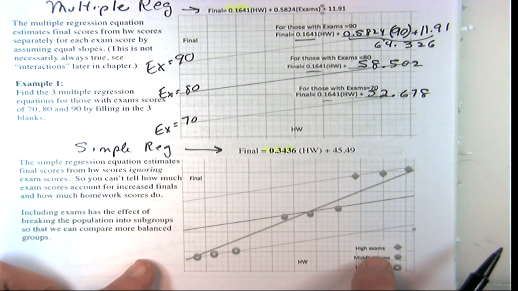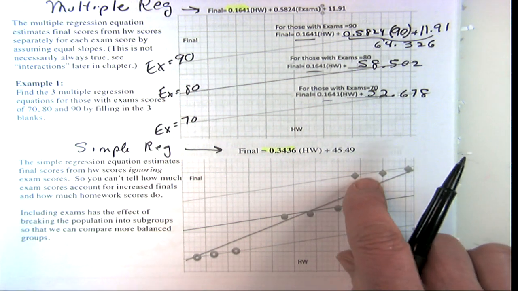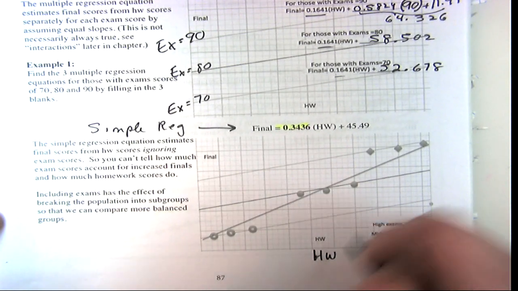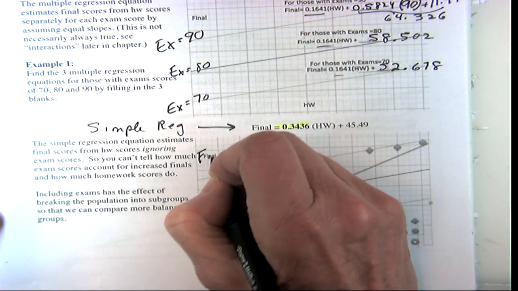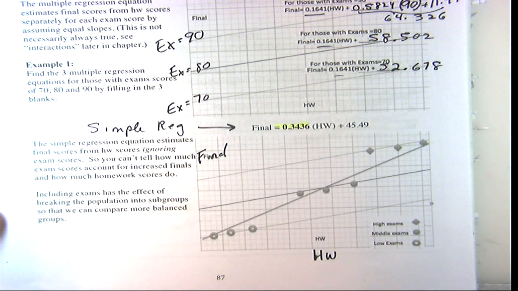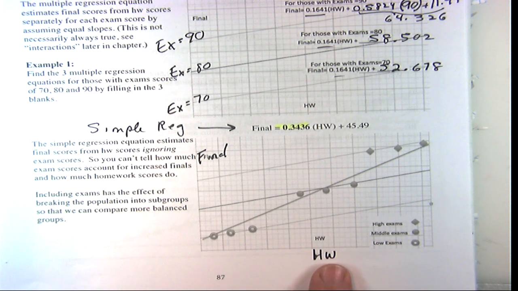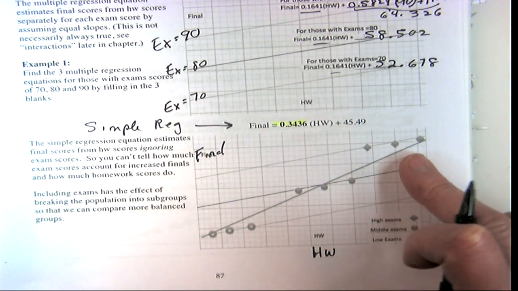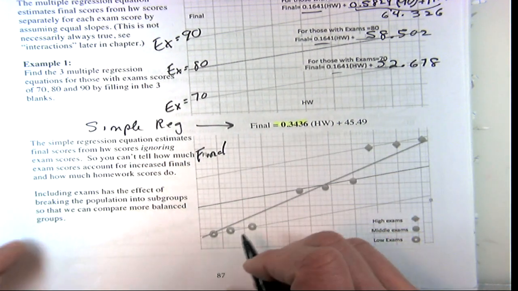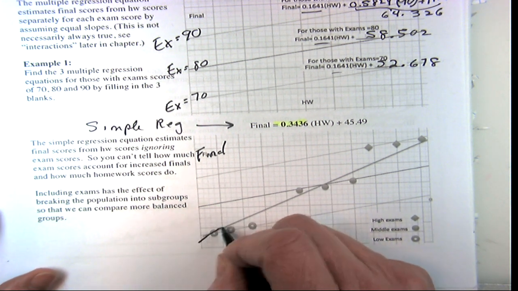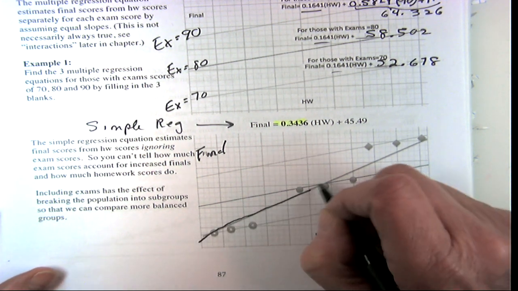In other words, people with high exams also have high homework, this is homework, and this is final. Because the people with the higher homeworks also tend to have higher exams, you get this simple regression. Here's the simple regression equation. It's this one right here that has a bigger slope.